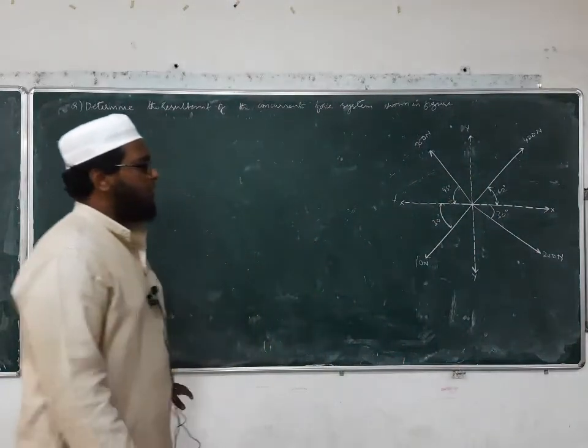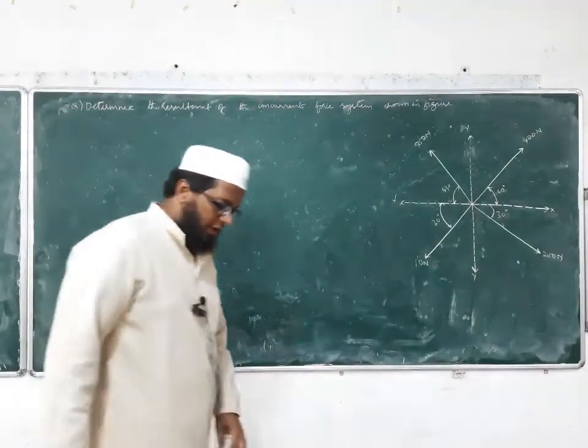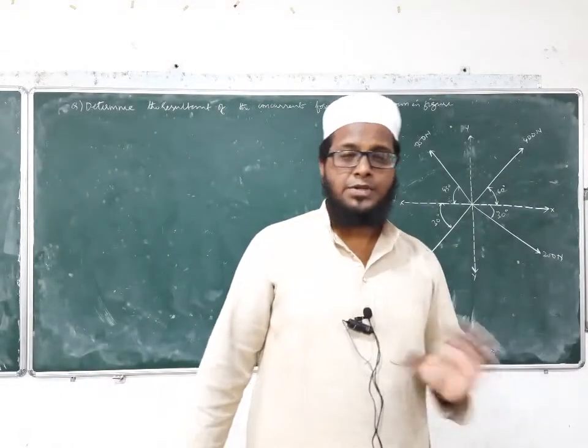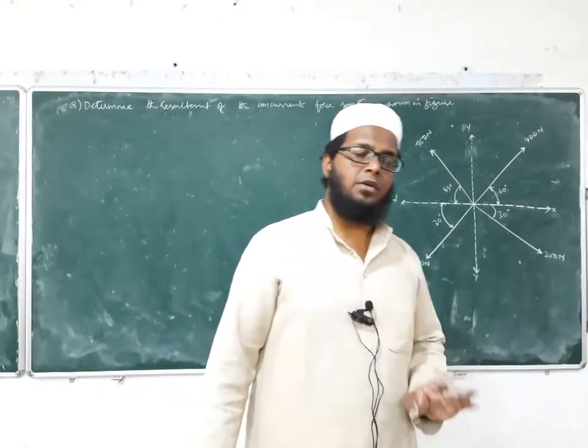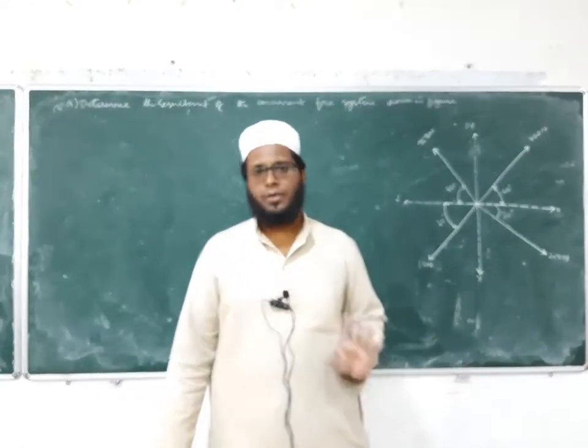Now we have to calculate the resultant. For the calculation of the resultant, we need components of forces. Whenever you calculate a resultant of more than two forces, we need components.